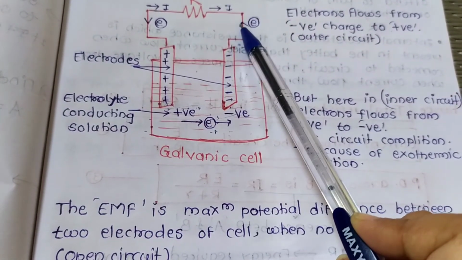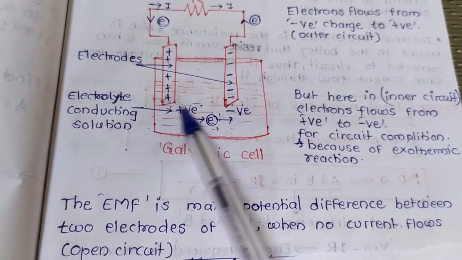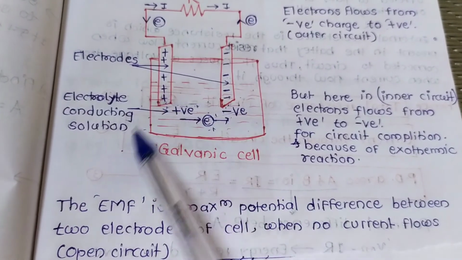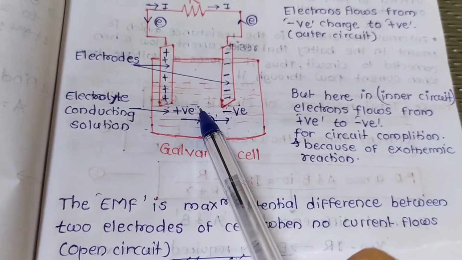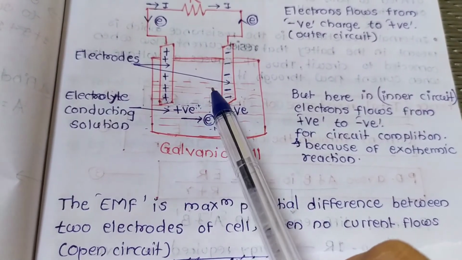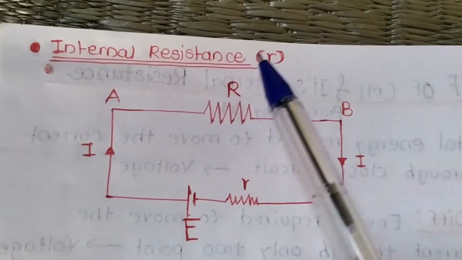In this situation, the maximum potential difference between two electrodes of a cell is the EMF, when current is not flowing or in an open circuit.